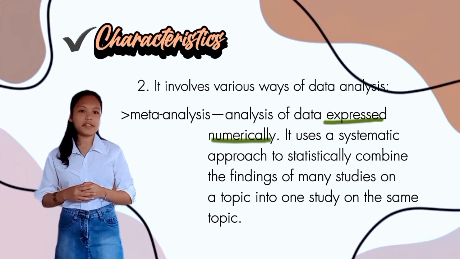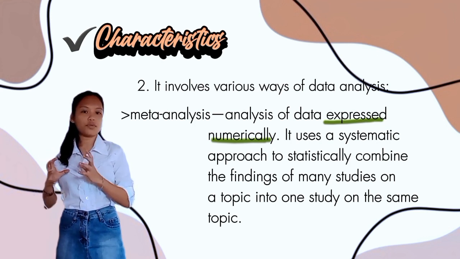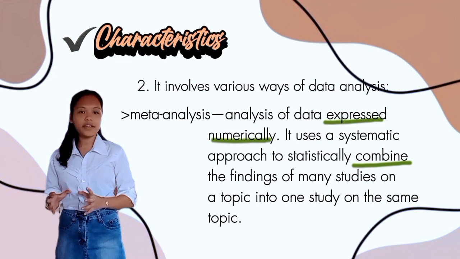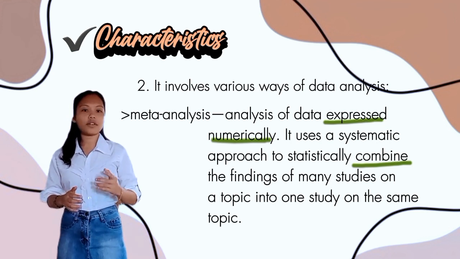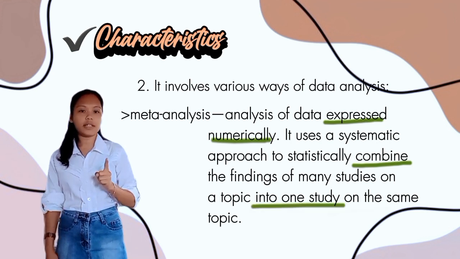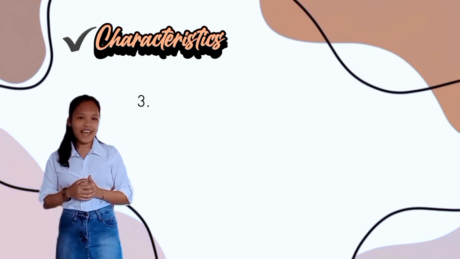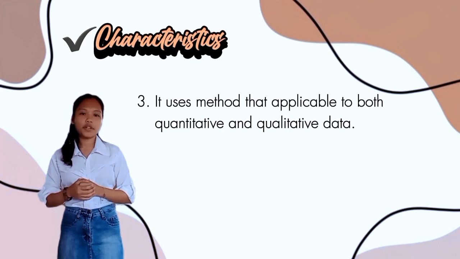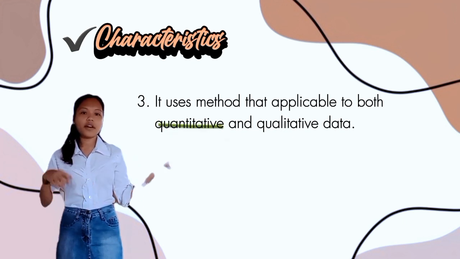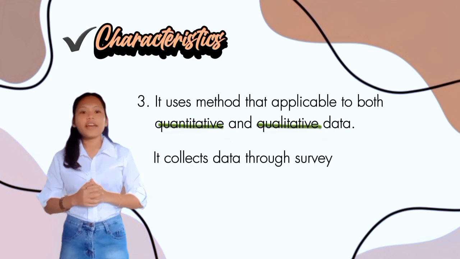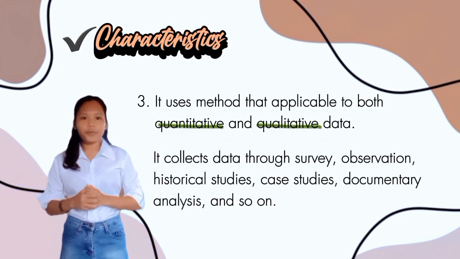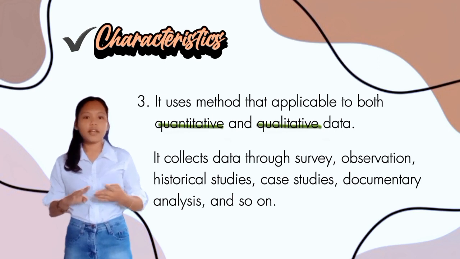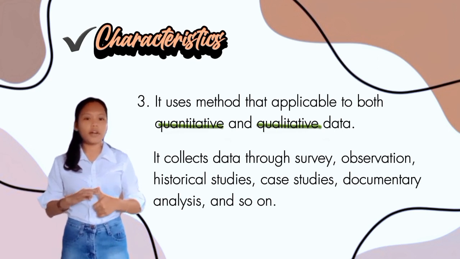It uses a systematic approach to statistically combine the findings of many studies on a topic into one study of the same topic. Lastly, it uses research methods that are applicable in both quantitative and qualitative data. It collects data through survey, observations, historical studies, case studies, documentary analysis, and so on.